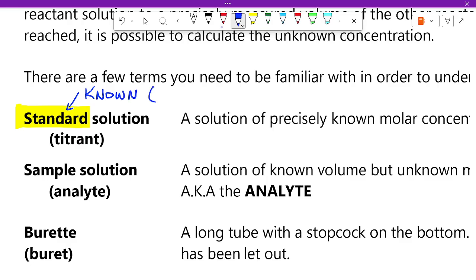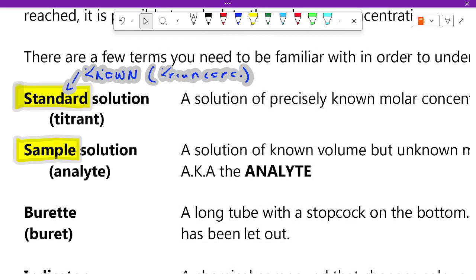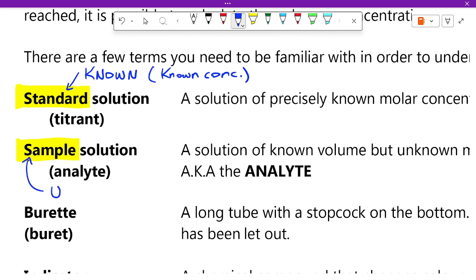It is a known concentration. We are going to have a sample solution, and the sample solution is the unknown.